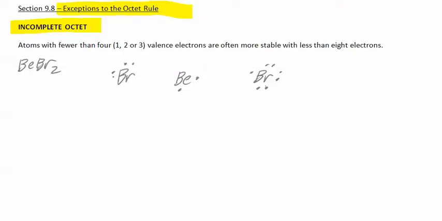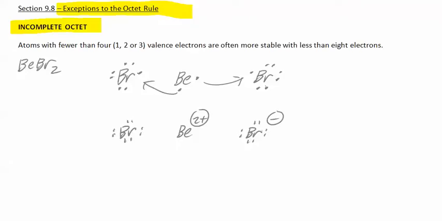Because beryllium is a metal and bromine is a nonmetal, typically you would expect those electrons to be exchanged. Thus, you would have Be, which lost 2 electrons, is now 2+, and the bromines would have each gained an electron and would be negative.